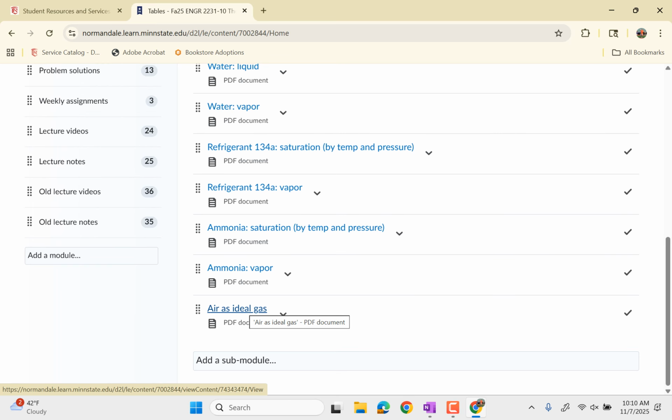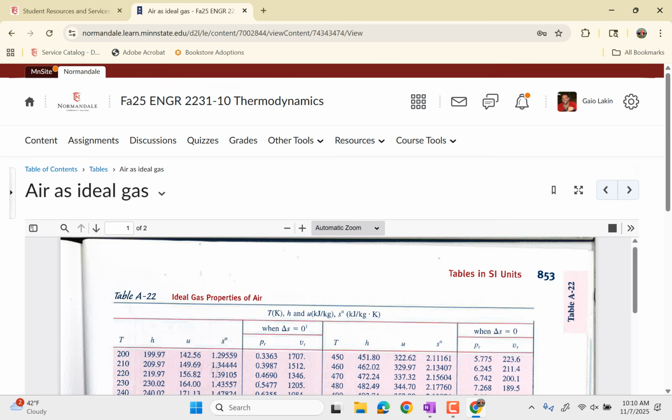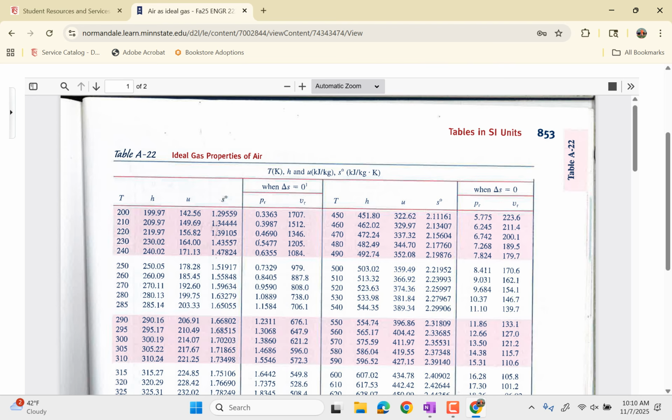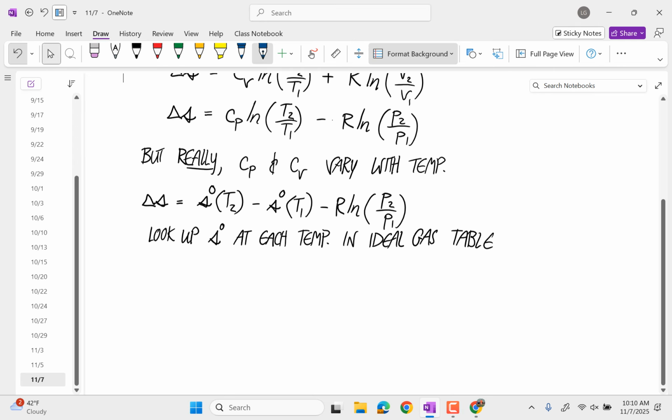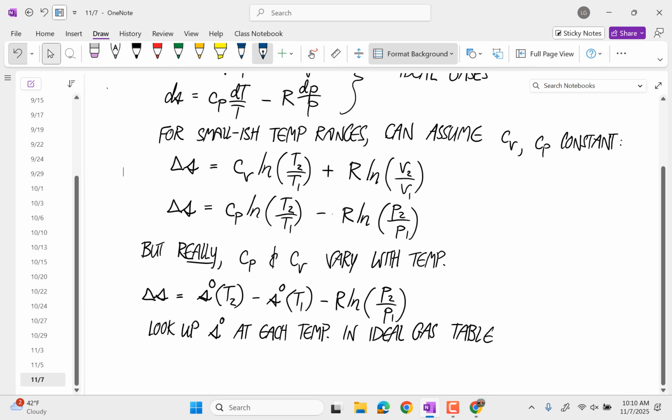And again, like the regular tables, you have to have a table for your specific ideal gas. This is really the only ideal gas we tend to use. But in here, you can look up for a given temperature our value of s super 0. So you can just look it up and get a slightly more accurate value than you would using these two things.